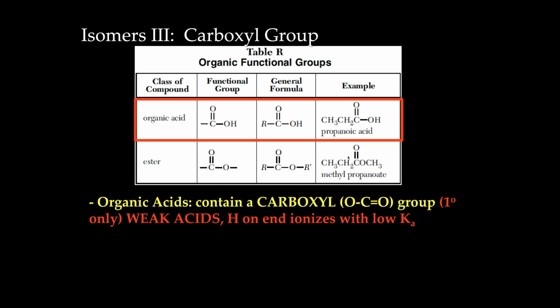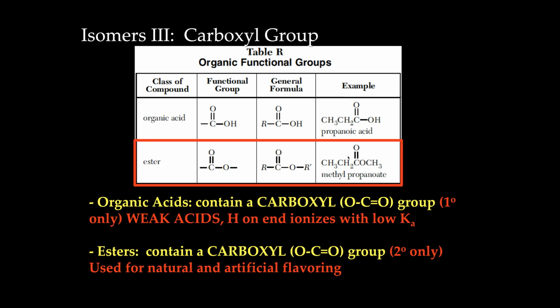So organic acids have the carboxyl group on the end. These are weak acids. In other words, they don't ionize 100%. And esters contain a carboxyl group in the middle of the molecule. These are interesting. They're used for natural and artificial flavoring.